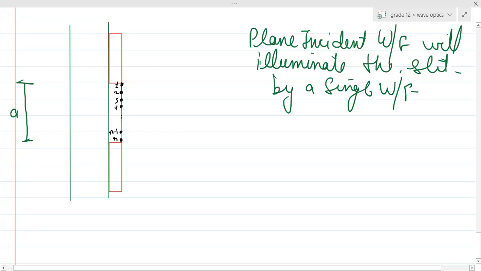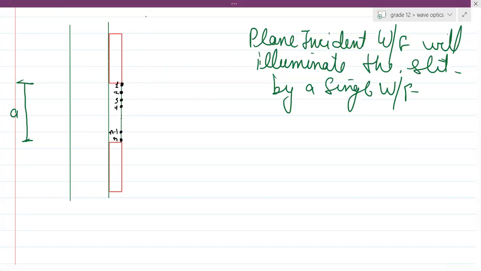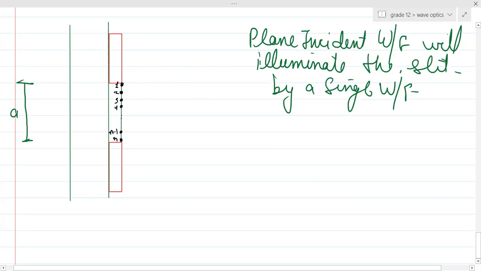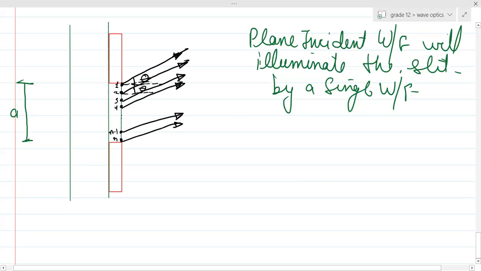All these secondary sources will be producing wavelets in all possible directions. I am only considering those waves which are at an angle theta, because all of these light rays are at an angle of theta. Are you getting my point, guys?